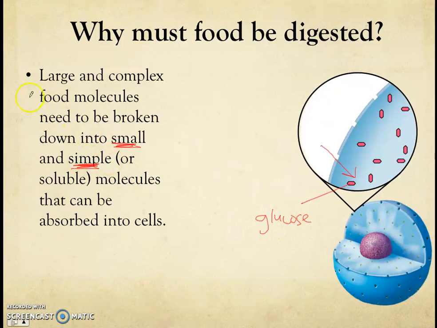Alright, so here are the keywords. Large and complex food molecules, for example, starch, need to be broken down into small and simple molecules, for example, glucose, that can then be absorbed into the cell. Okay, so large and complex, broken down to small and simple.